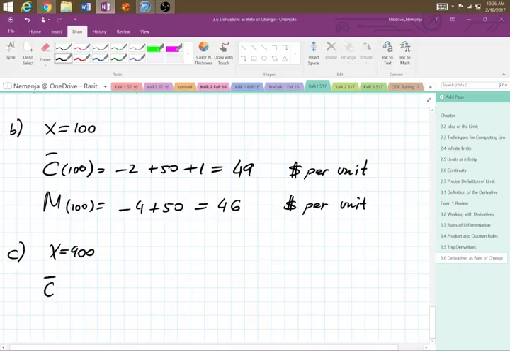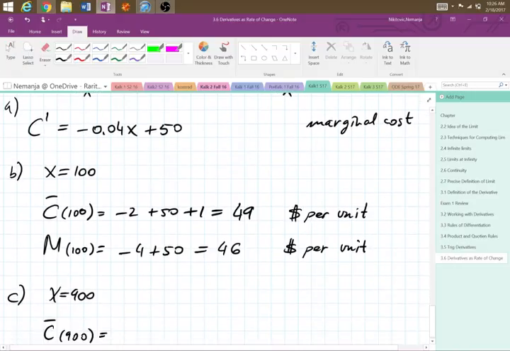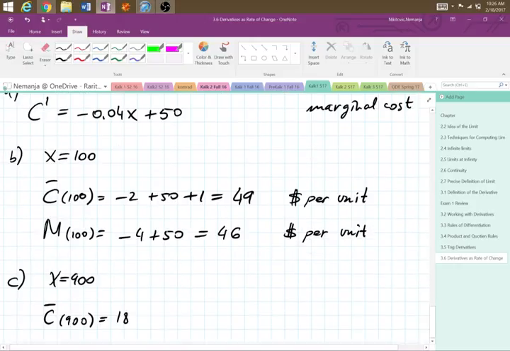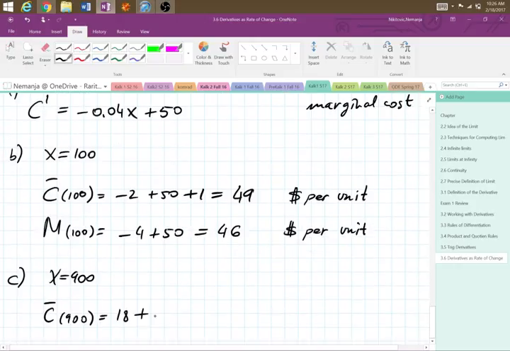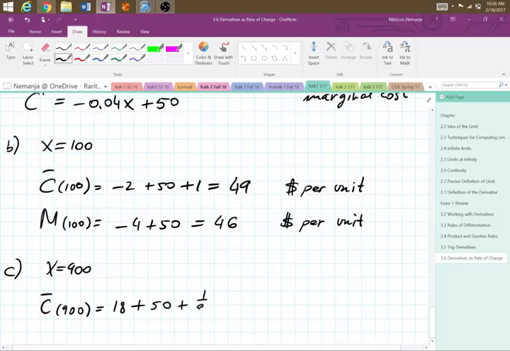The average cost for 900 is going to be what? Negative 2. So 900, that kills us, that's 18. 9 plus 50 plus 100 over 900, that's 1 over 9, that's 0.11111 forever, right?